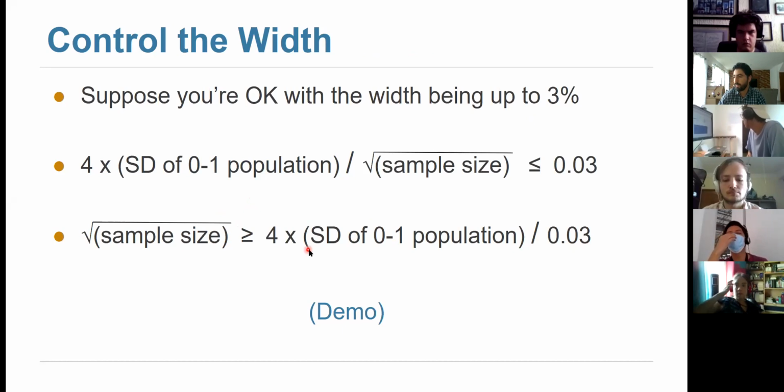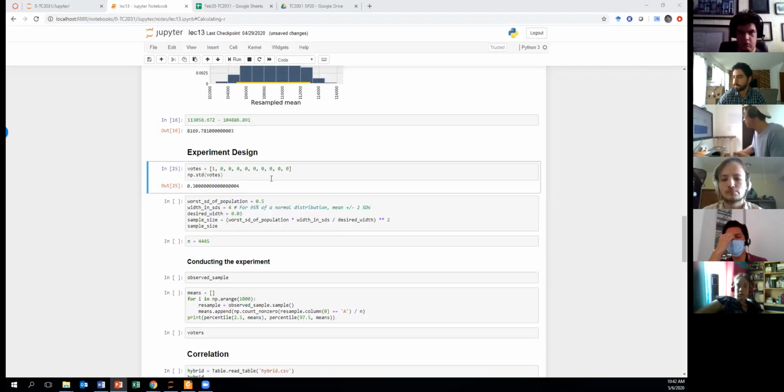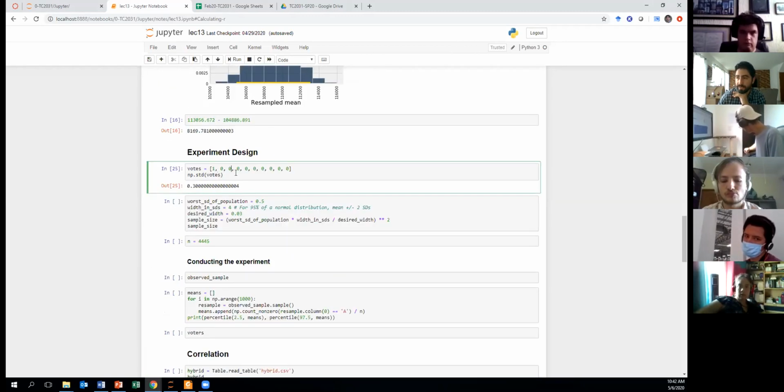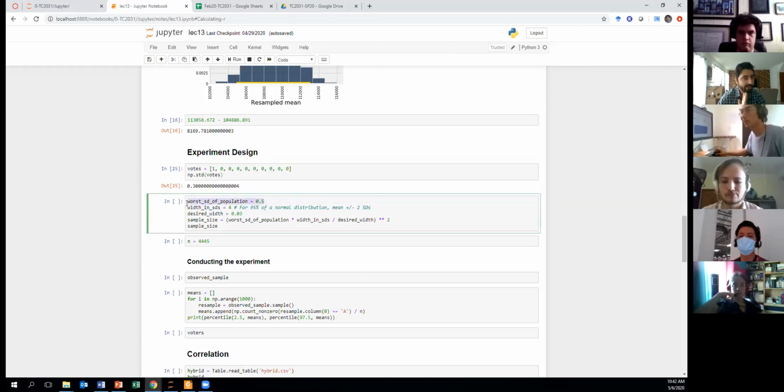So let's see what we can see in the code in the demo. In the case of San Francisco public workers, we don't know the standard deviation of our population for their salaries. For this example of voting, we know the standard deviation of my population in the worst case possible: it doesn't go beyond 0.5. So I can just use this standard deviation for my calculation.